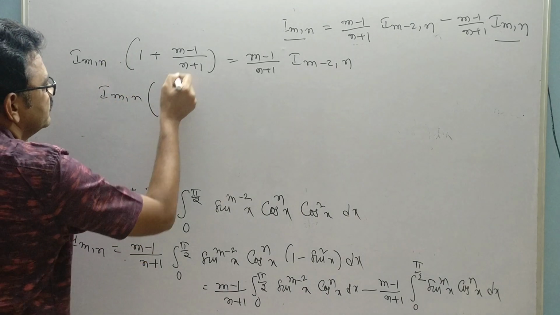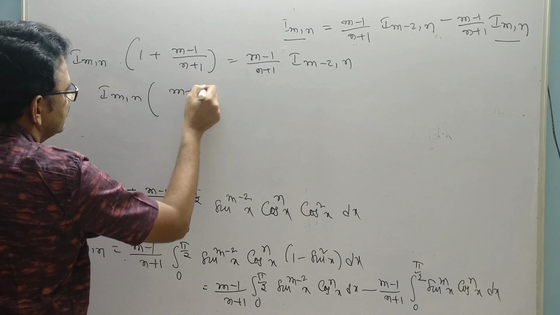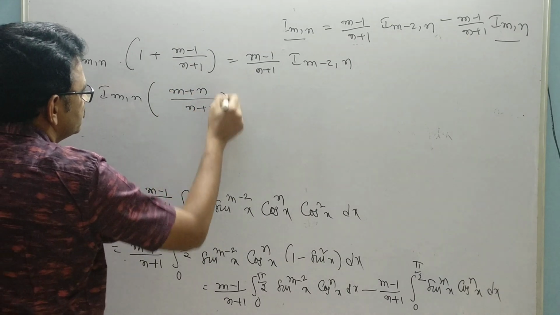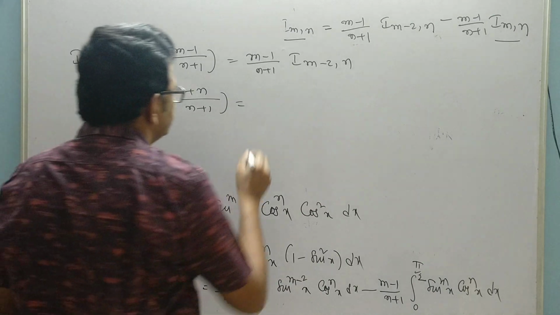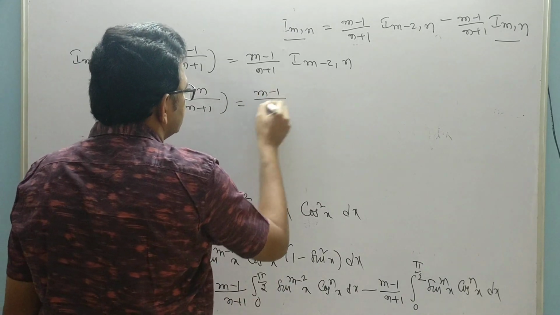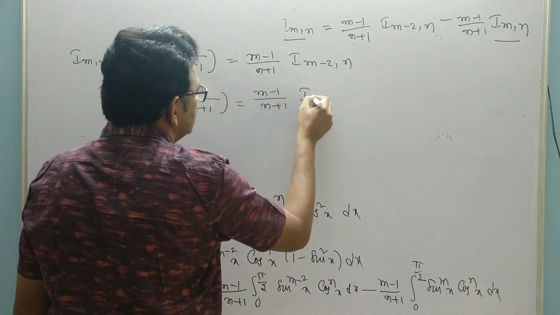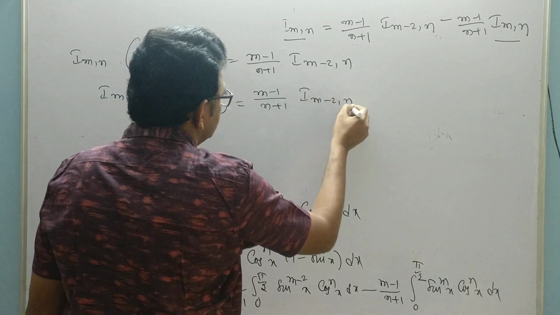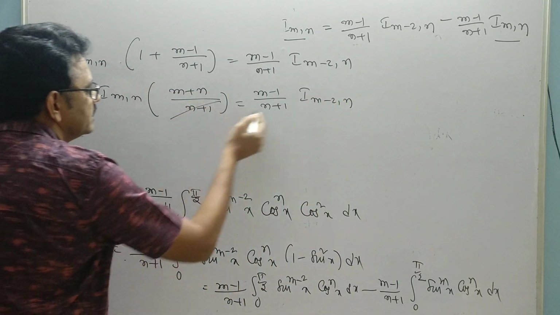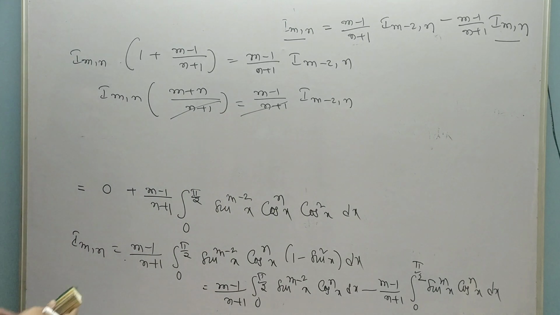By taking LCM, m plus n by n plus 1 equals m minus 1 by n plus 1 I(m-2,n). So n plus 1 gets cancelled.